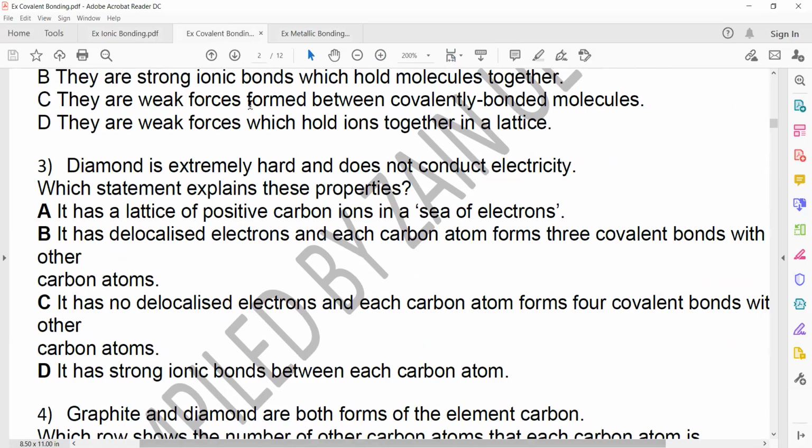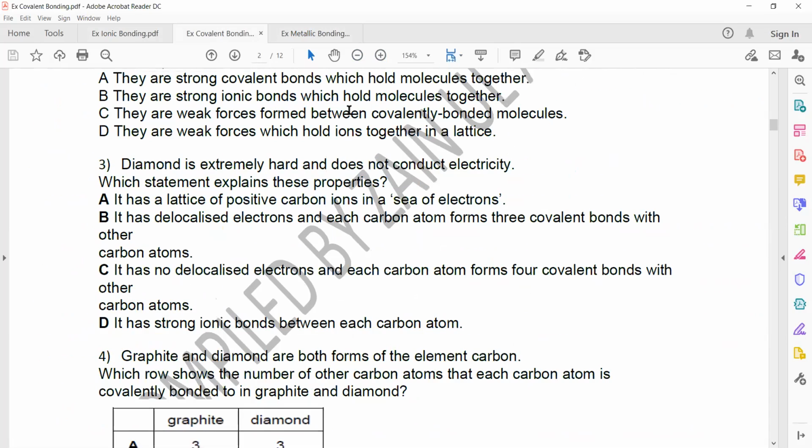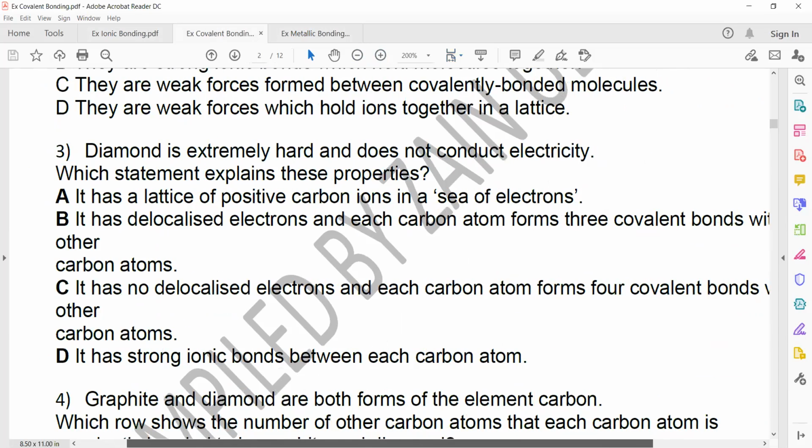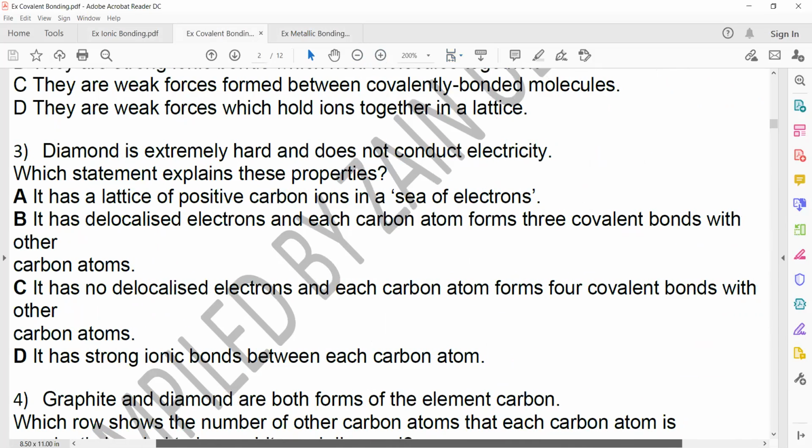The diamond is extremely hard and does not conduct electricity. What could be the reason for that? Diamond is extremely hard and it does not conduct electricity.